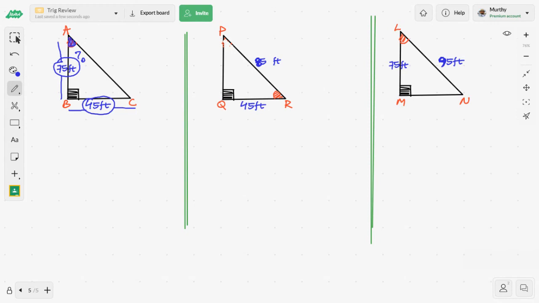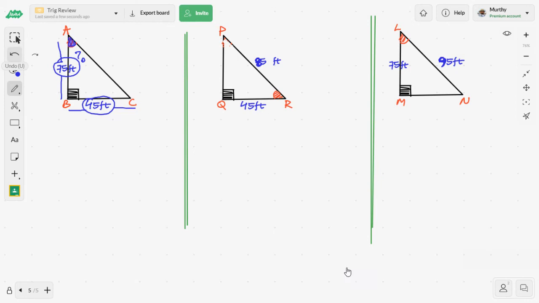So how to compute this one? The same trig ratio. You may get a doubt, can I use the Pythagorean theorem? Dear friend, if you use the Pythagorean theorem, you'll be able to find the missing side. But here you are asked to find the missing angle.